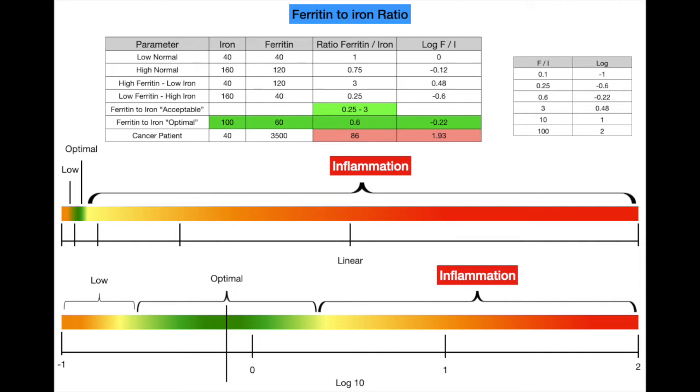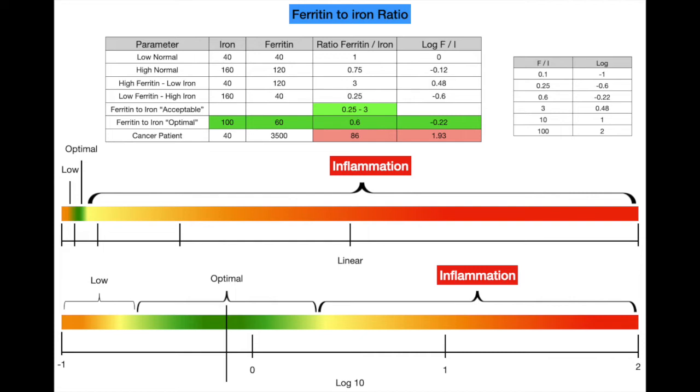So 40 divided by 160 is 0.25. Really, a ferritin to iron ratio, if all you baseball fans out there are looking at batting averages, you want to be between 0.25 and 3. And I call that ferritin to iron acceptable.